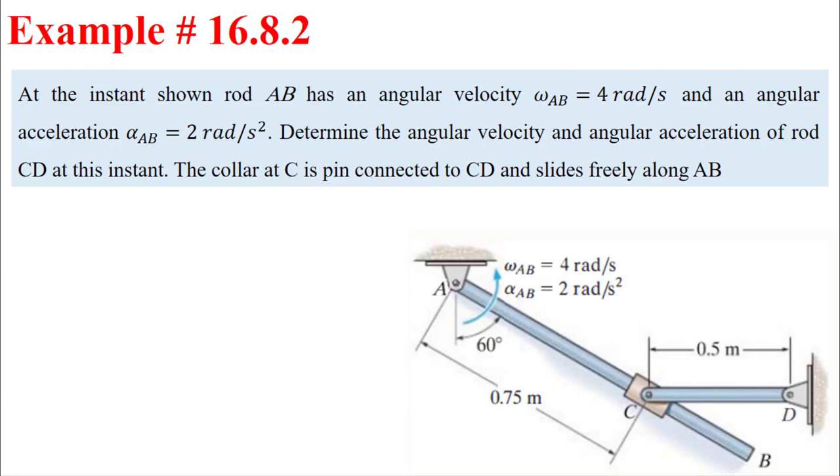So let me activate the pen. If this one rotates like this, we'll expect that this one will rotate in this direction. Okay, so this is in terms of omega, alpha.